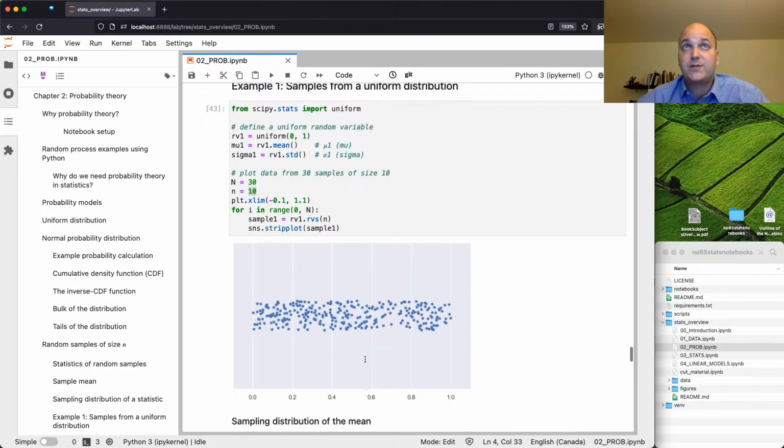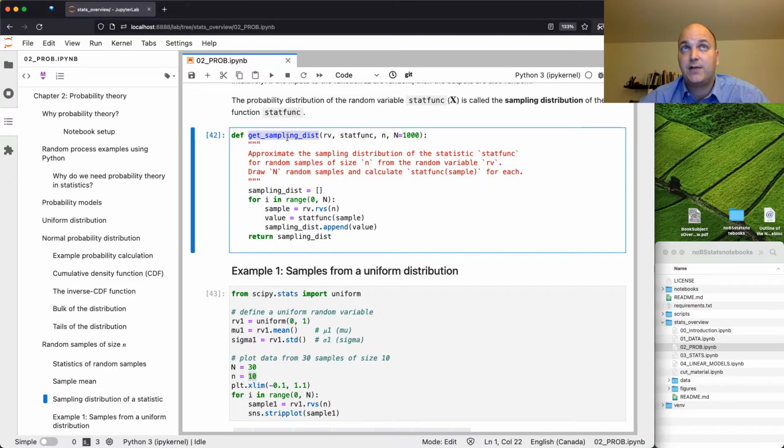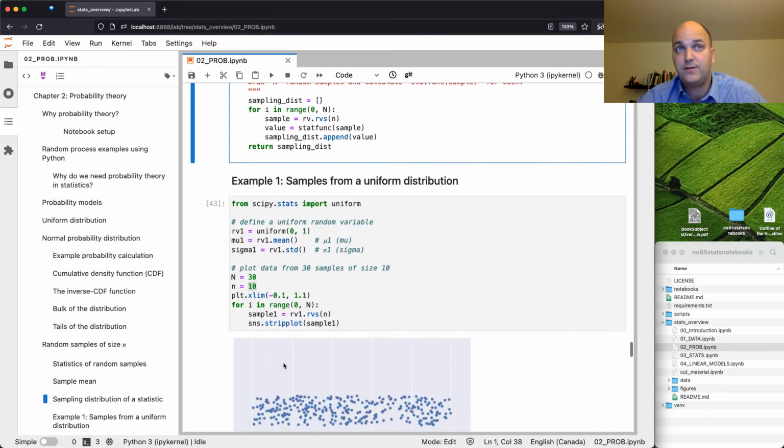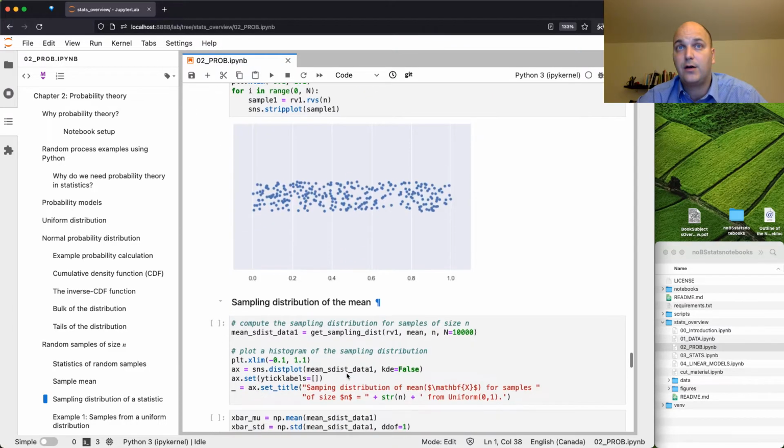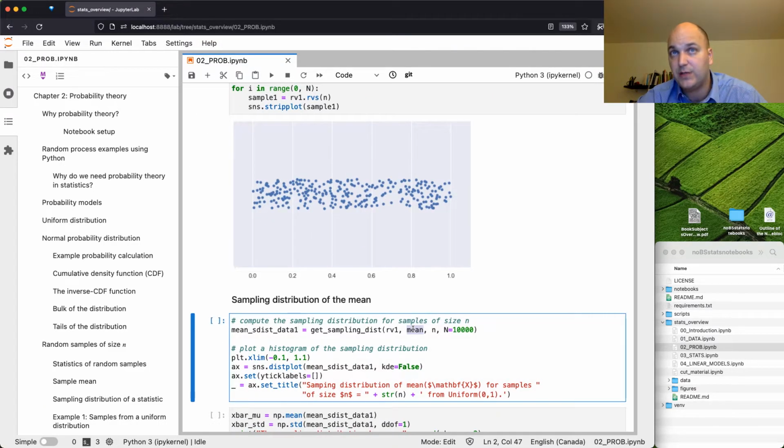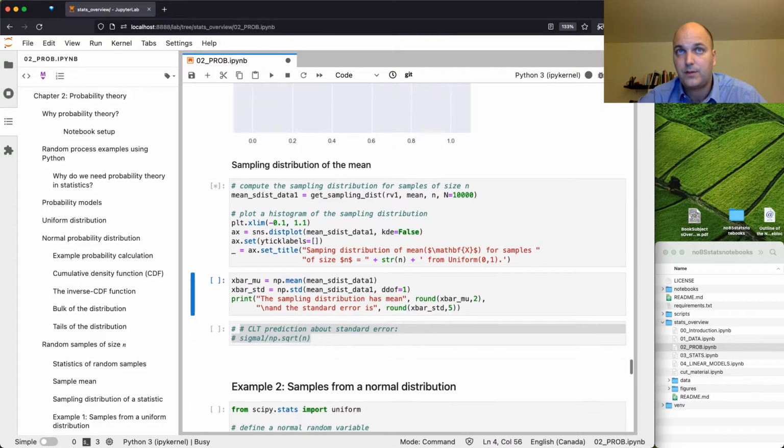So that's what this function does. It tells you for a given sample from the uniform distribution of size 10 here, we want to compute the mean. So find me the mean and plot the distribution.